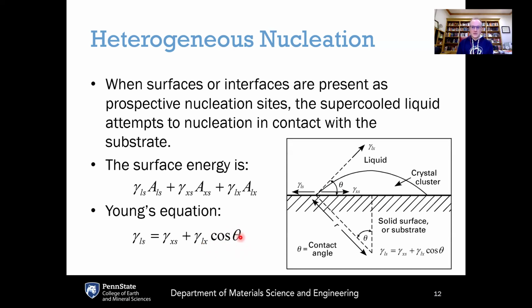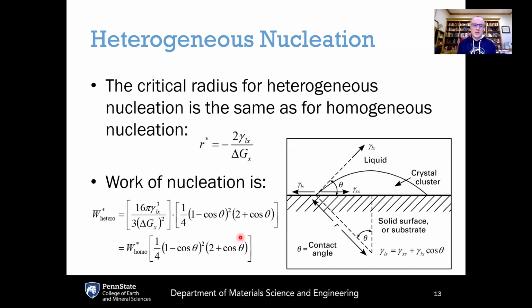And the contact angle is really the key parameter that governs how much the thermodynamic barrier is reduced with heterogeneous nucleation compared to homogeneous nucleation. If we still assume that the overall nucleus would be spherical, but it's a sphere that is cut off by the substrate, so this is just like the top part of a sphere here.